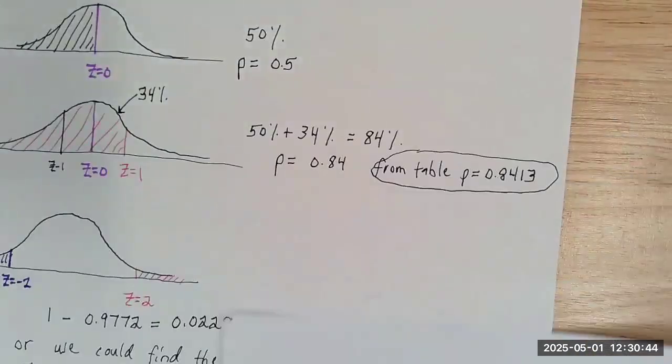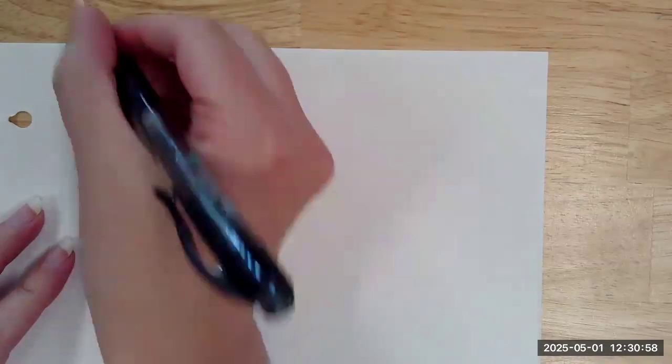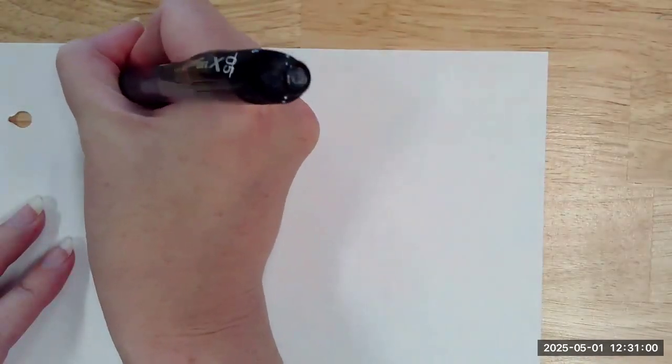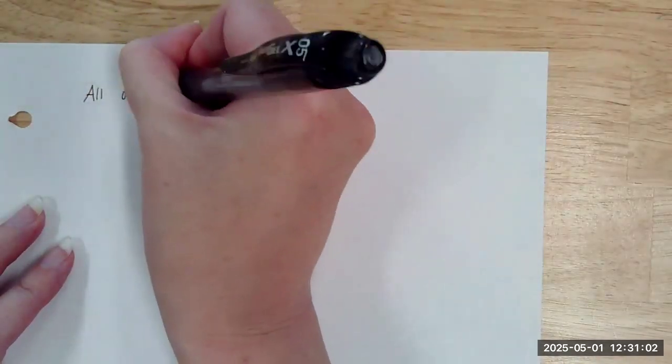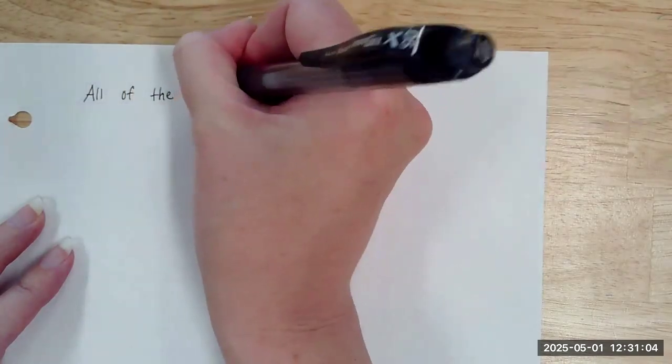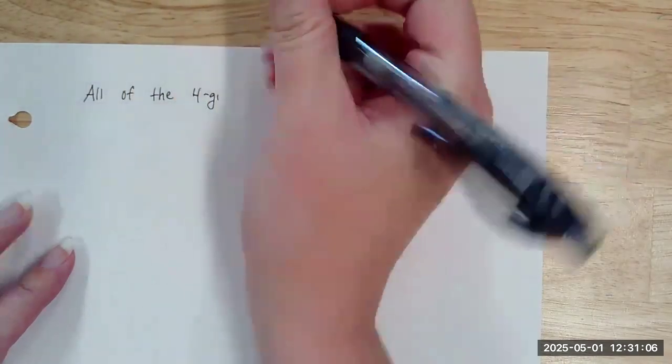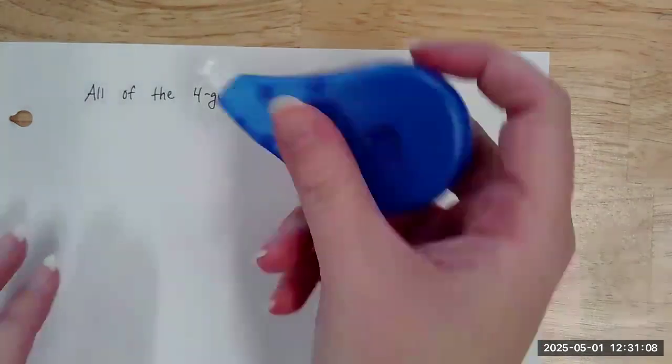So all of the 4-digit decimals in the middle of the table.